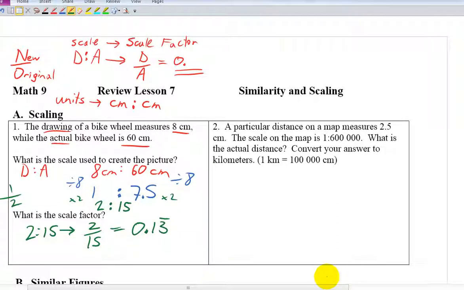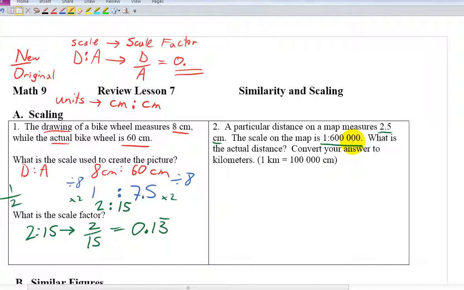Okay. The next one. So we have a map. You measured on the map 2.5 centimeters. You want to use the scale to figure out what's the actual distance. Does it make sense to measure the distance from Abbotsford to Chilliwack in meters? Not really. Centimeters? Definitely not. What will we usually measure the distance in?